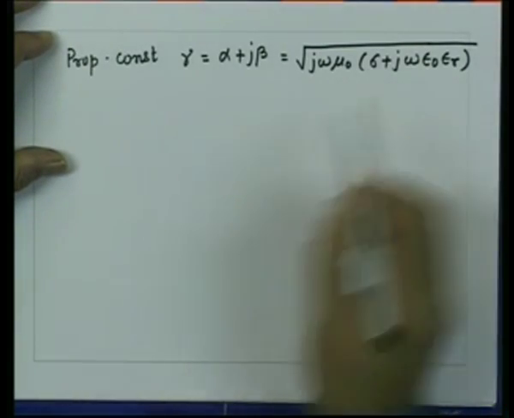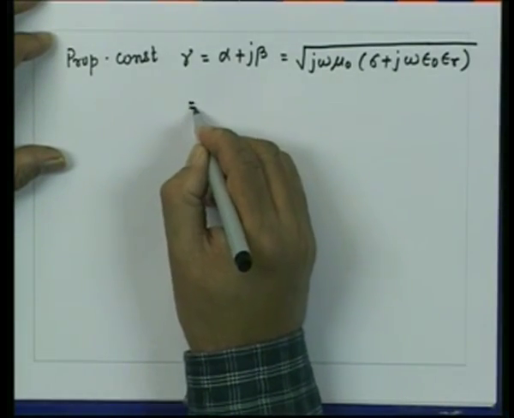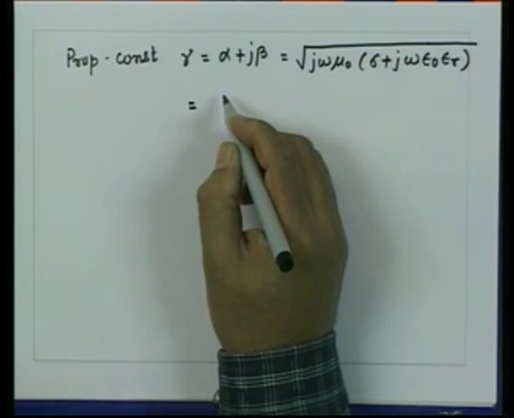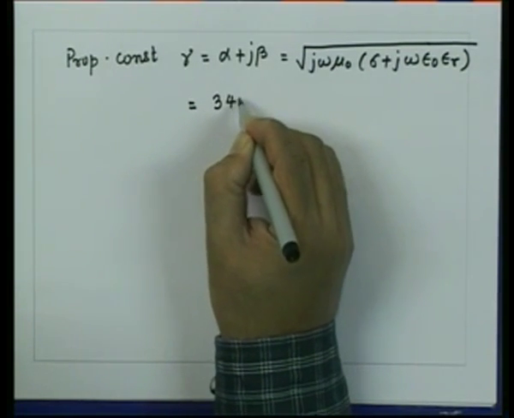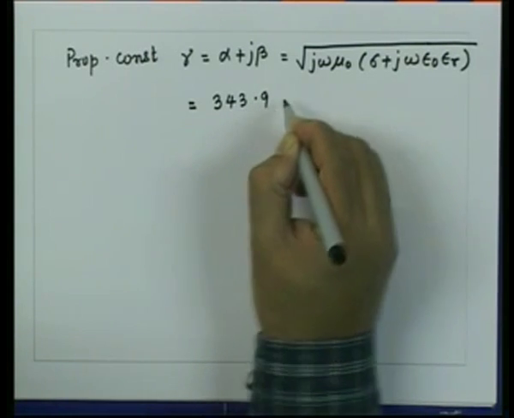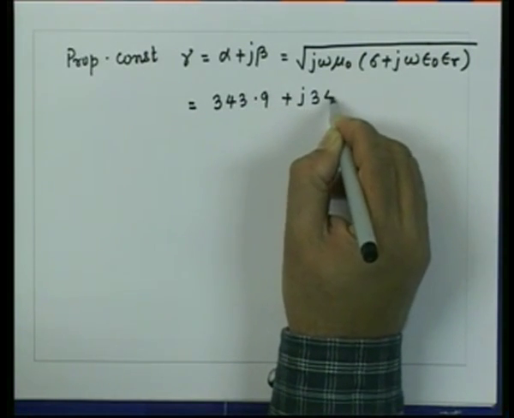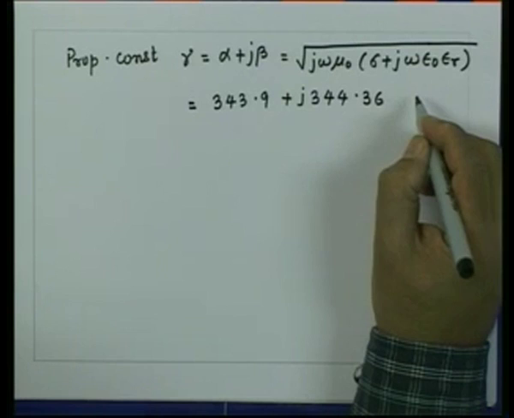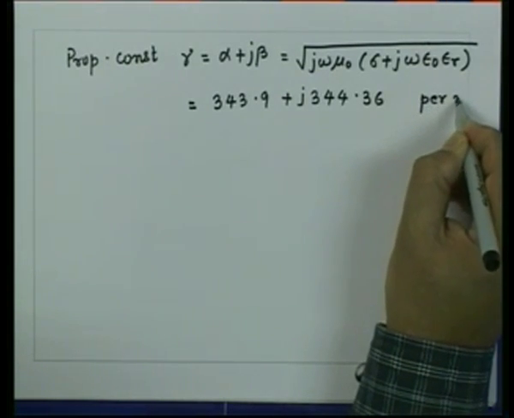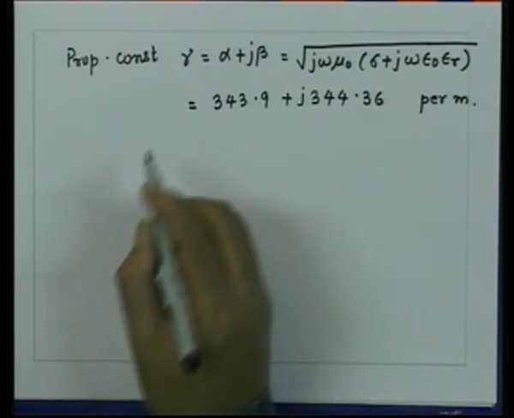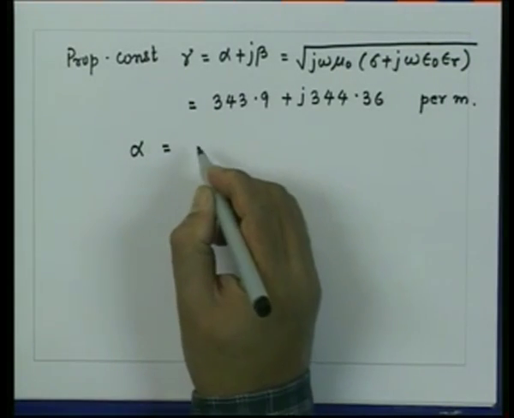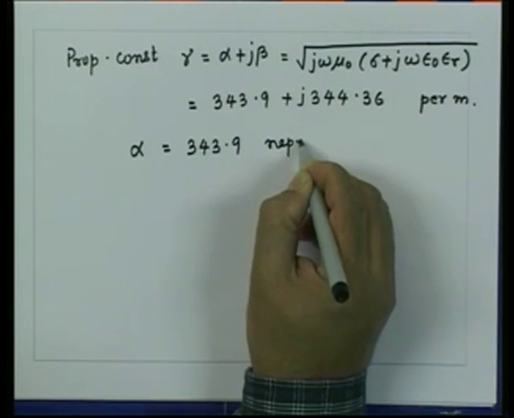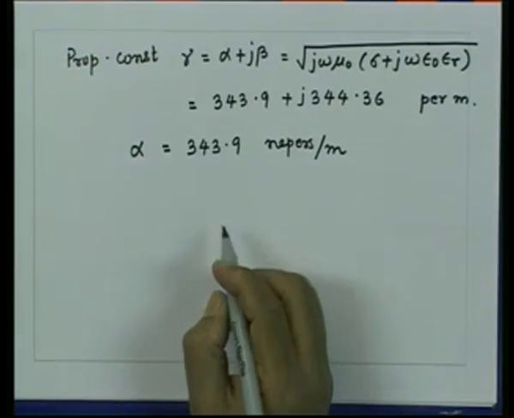Again substituting the values for sigma and epsilon r, we get 343.9 plus j 344.36 per meter. So, the attenuation constant alpha for this would be 343.9 nepers per meter.